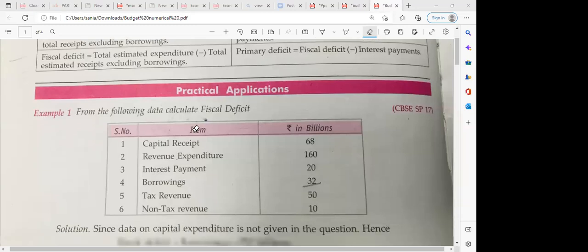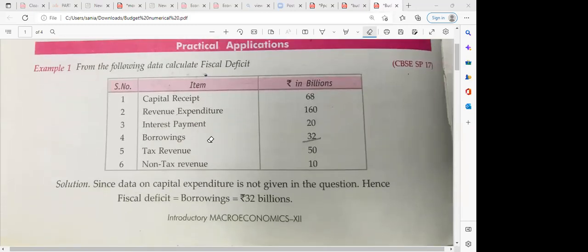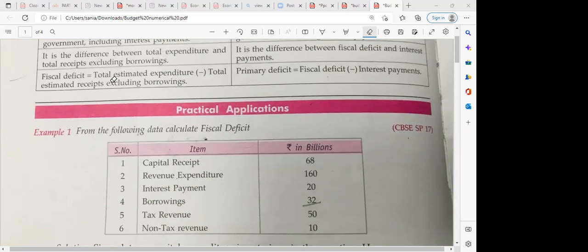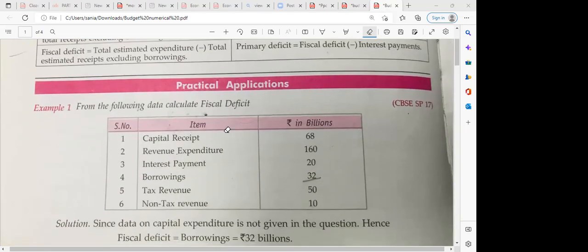Yes, teacher. So this question was based on that. Revenue expenditure was given, but capital expenditure was not given. Similarly, capital receipt was given. That's why the total part was not given. Therefore, your fiscal deficit will be equal to your borrowings. Got it, everyone?